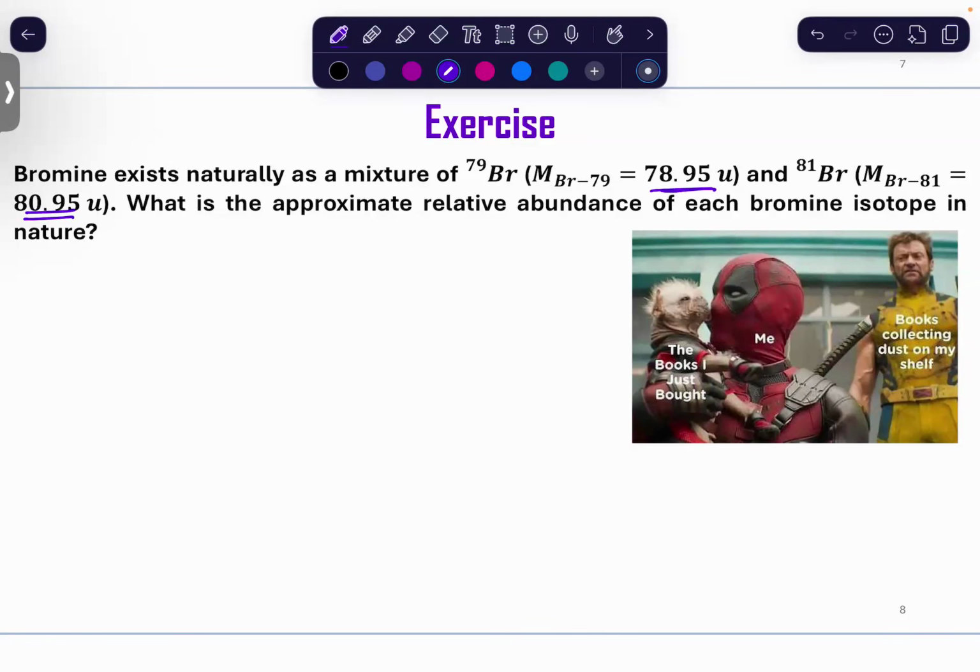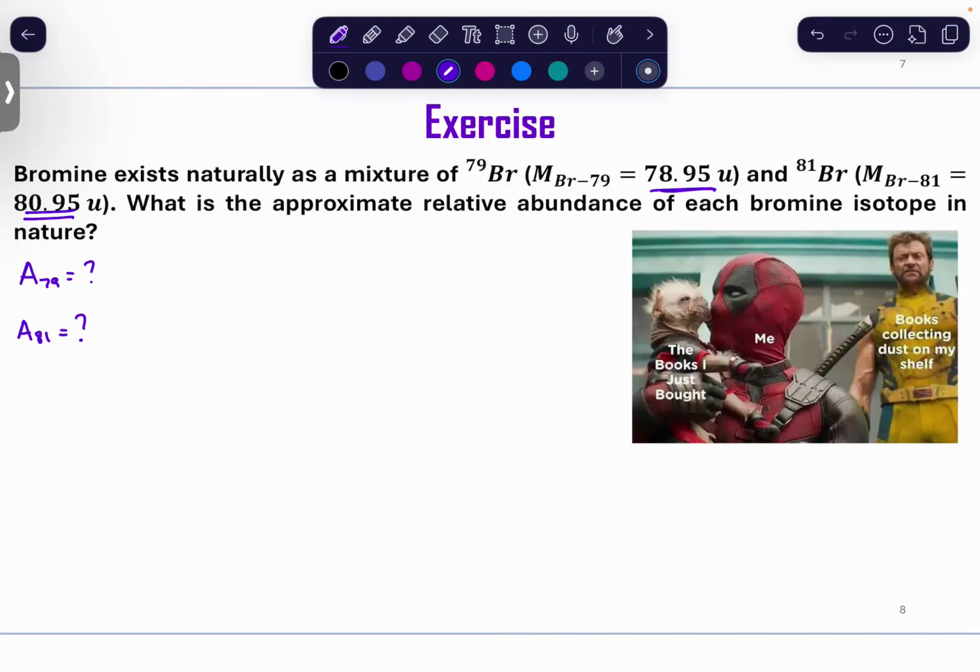We don't have either of the abundances. But what we can do is get the average mass of bromine from the periodic table. So what we're being asked for here is the abundance of bromine 79, and the abundance of bromine 81.